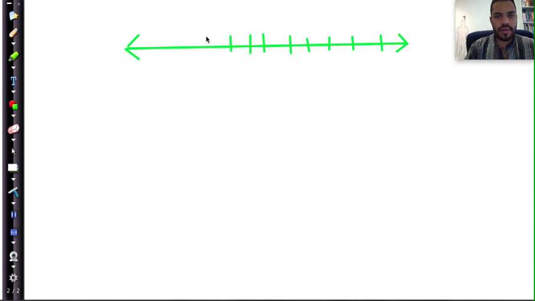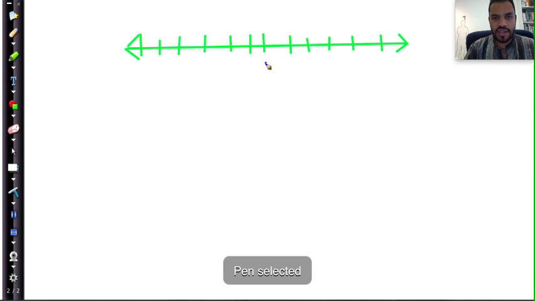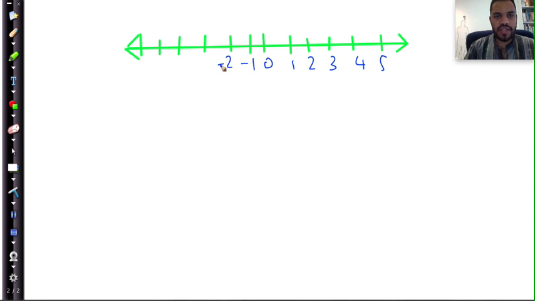Let's just assume for argument's sake that all of those are evenly spaced. I'm going to start here: 0, 1, 2, 3, 4, 5, minus 1, minus 2, minus 3, minus 4, minus 5.